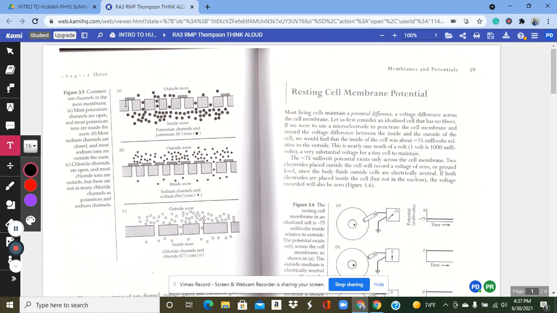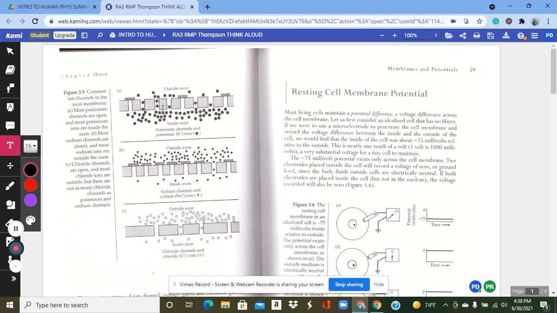Common ion channels in the axon membrane. A. Most potassium channels are open and most potassium ions are inside the axon. As we can see here, I can definitely see how the channels are open. I'm not sure what the right term is for these square things, but I'm going to depict them based on how they're visually represented.